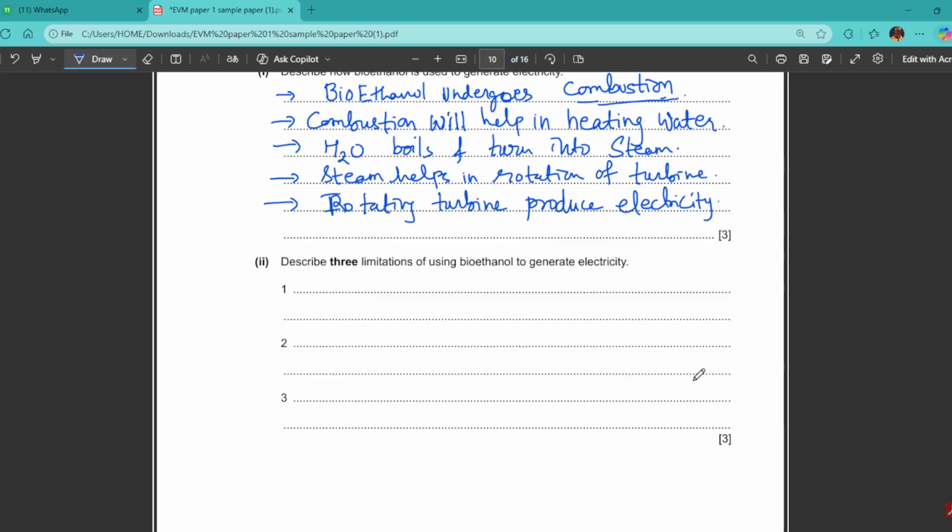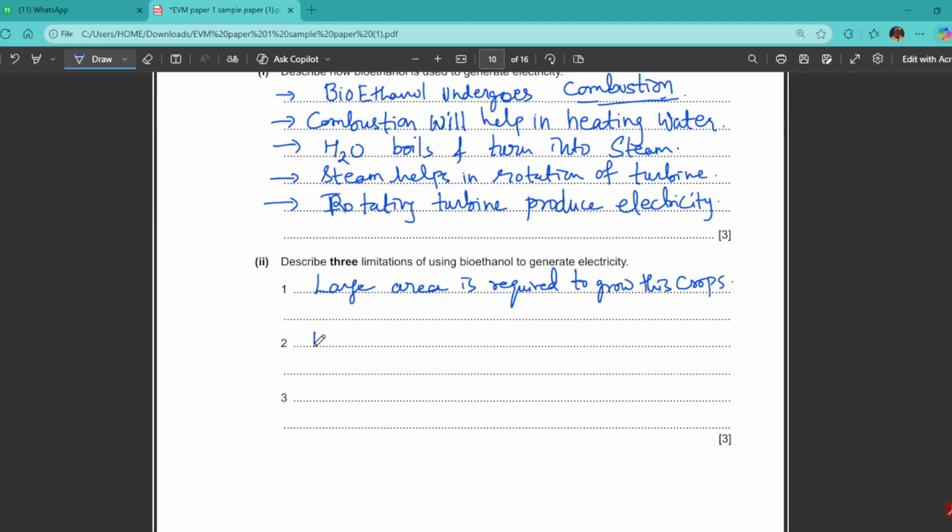Now, bioethanol comes from where? Crops, right? So, a large area is required to grow these crops, and for bioethanol production only, we are going to destroy the forests also, right?